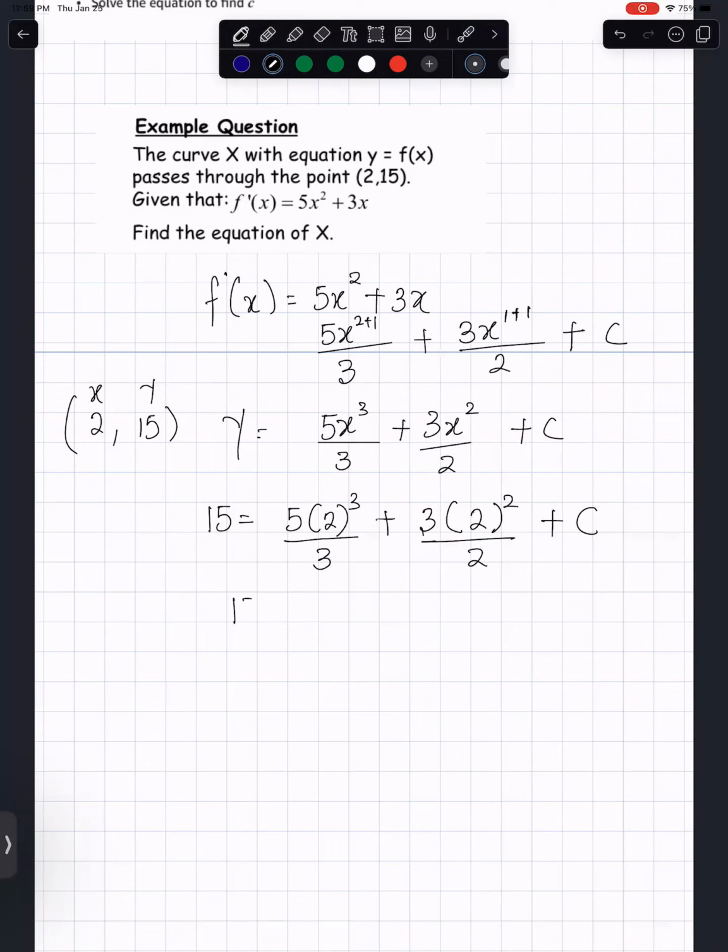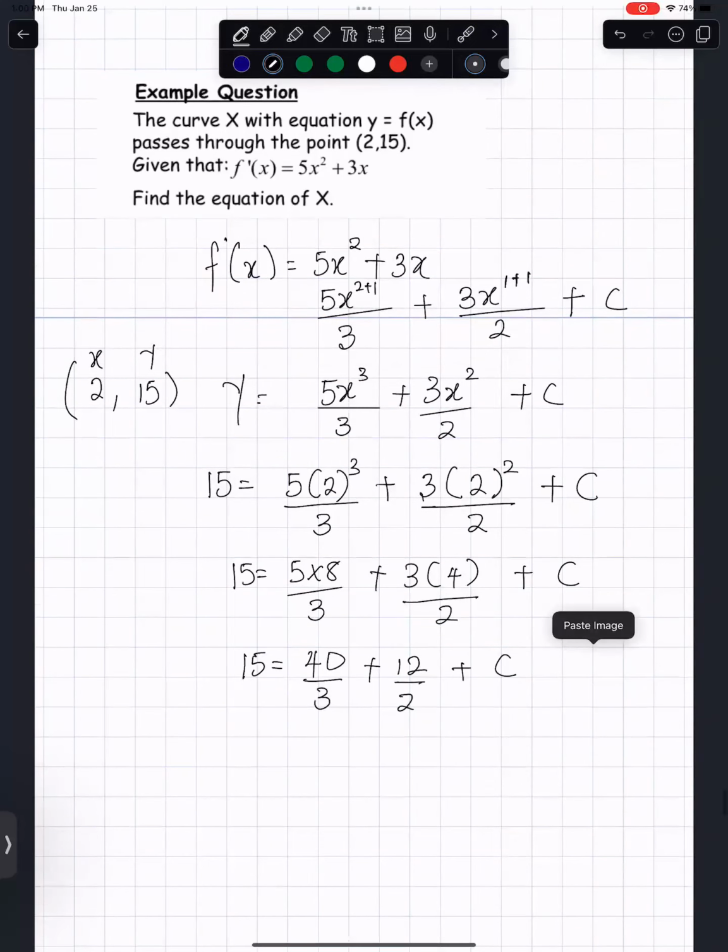So I have 15 equals 5 multiplied by 8 divided by 3 plus 3 multiplied by 4 divided by 2 plus c. We have 15 equals 40 over 3 plus 12 over 2 plus c. So that will give us what?